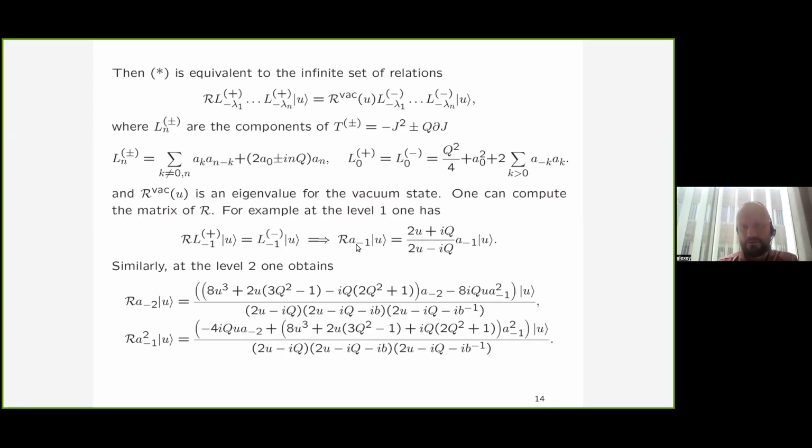So R acts on the Heisenberg first excited states by this formula. But going deeper into the model, of course, the action will be more complicated, but you can easily predict the denominators of this. First of all, it is clear just from the definition that this is a rational function of the spectral parameter.